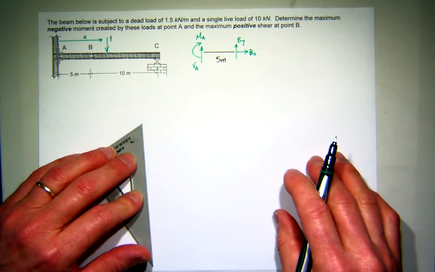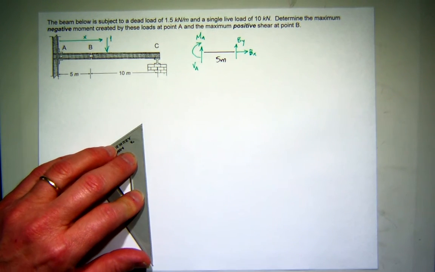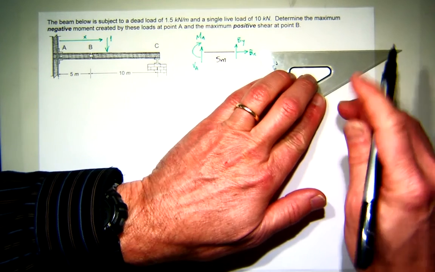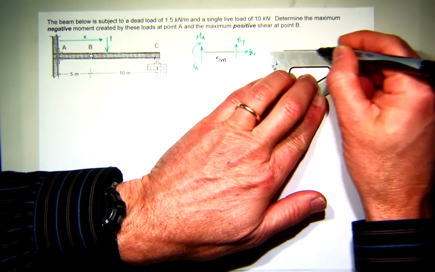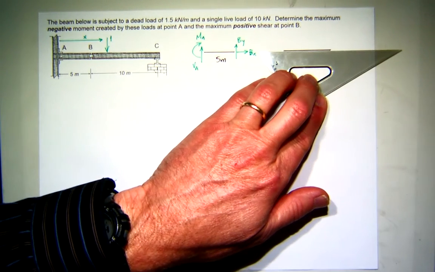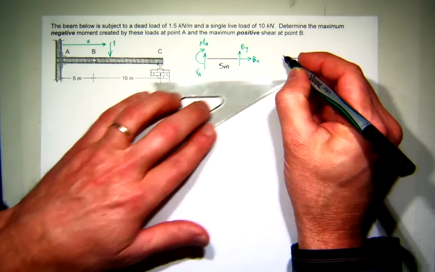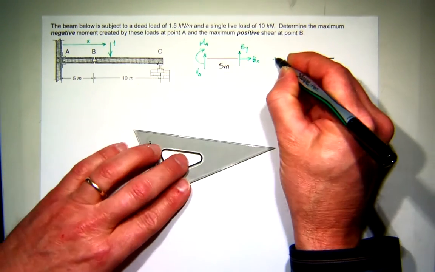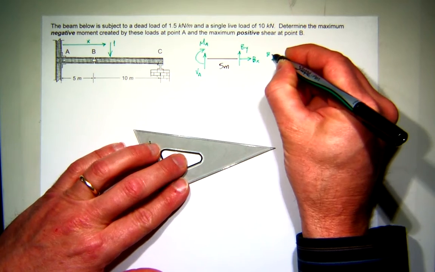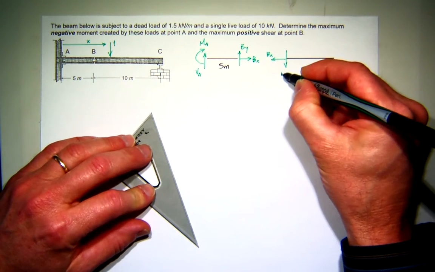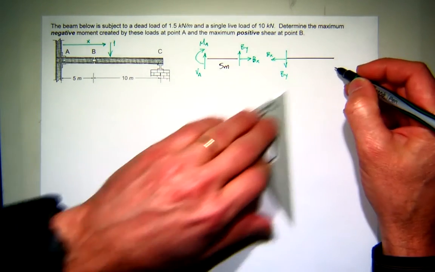See that? And then, of course, the right-hand side, so I've got equal and opposite Bx and By. See that? And then my reaction at C.